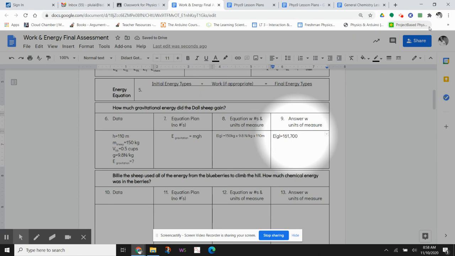And then I'm going to just down below here show you how some of the units work. A kilogram is the same as a kilogram over 1 times a Newton per kilogram. If I do a kilogram over 1 times a Newton per kilogram, the kilograms cancel out and I end up with just newtons. So I can say it's that many newtons, and then I take it times a meter. So it's that many Newton meters.